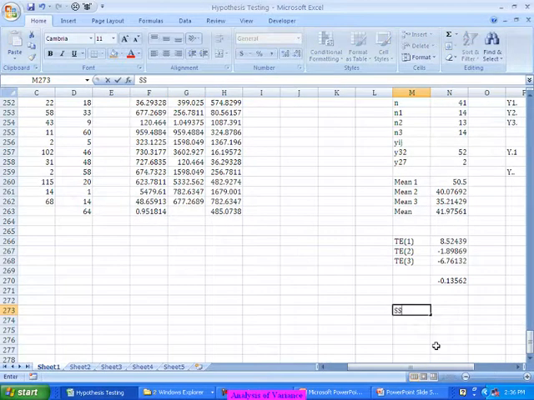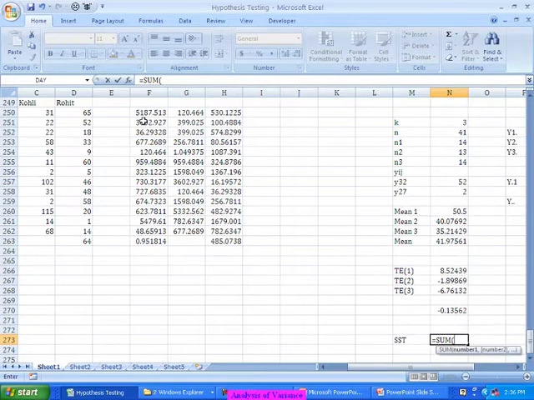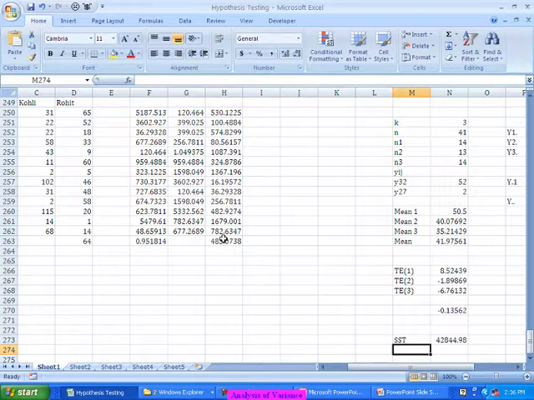Or sometimes we write it as SST. SST is nothing but the total sum of squares. I'll add up all these values, and this is what I call as total sum of squares. In this case, it is coming out to 42,844.